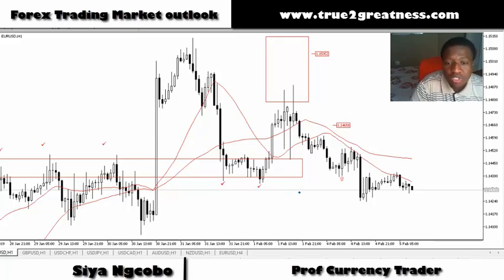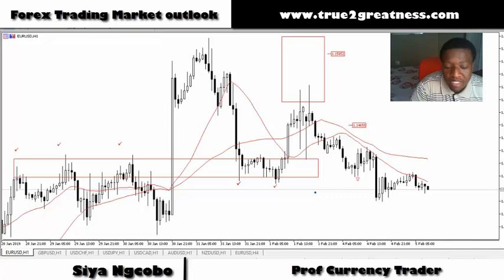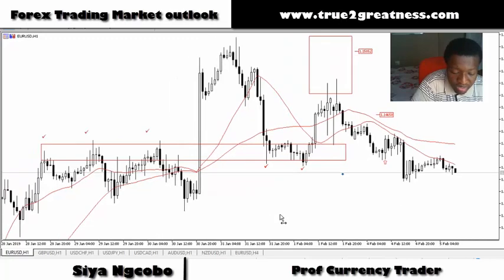Now, looking at the Euro USD, I identified that this level right here has been the key level of support. Now there is evidence that price action has tested and broken below, so we are in continuation to the downside on the Euro USD at this point.